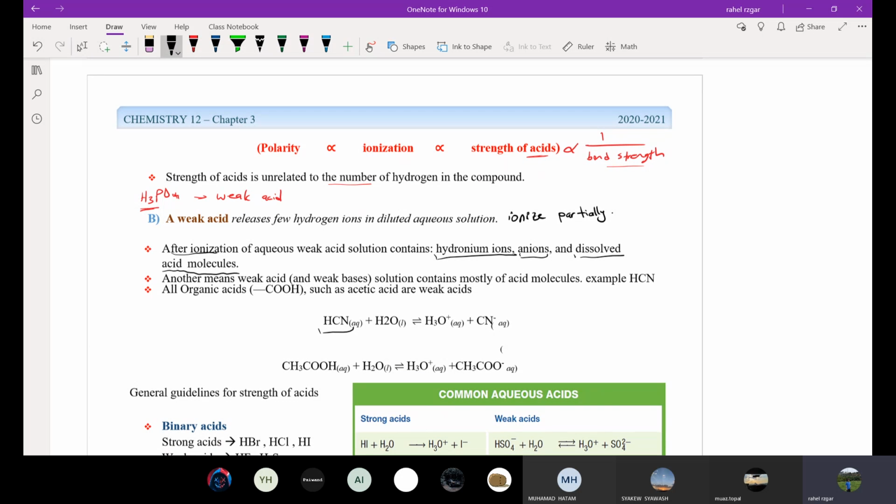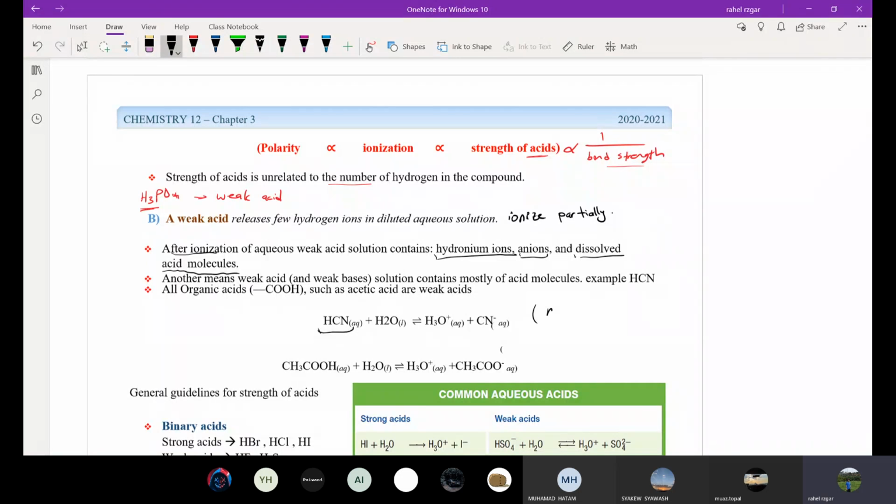HCN out of 100,000 molecules when dissolved in water, all of the 100,000 molecules will dissolve in water, but only 2 molecules become ions. It means that 2 molecules have become ions, and 99,998 molecules stay as molecules.